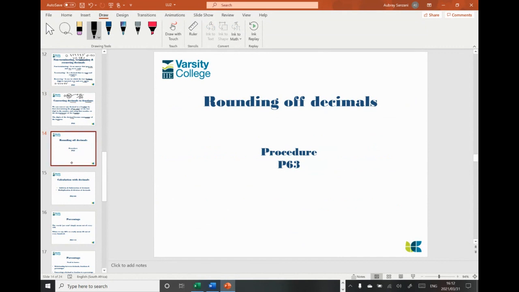Right, rounding off decimals. If we go to page 63, apparently the procedure is there. You guys can read through that if you want to, but for me it's fairly simple. If we have the number 0.578225, literally all you need to do is, if they want you to round off to 5 decimal places, which is here, you look at the next number and you can see this is 5.